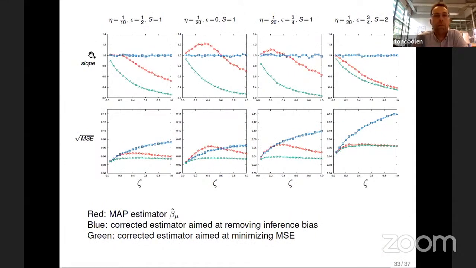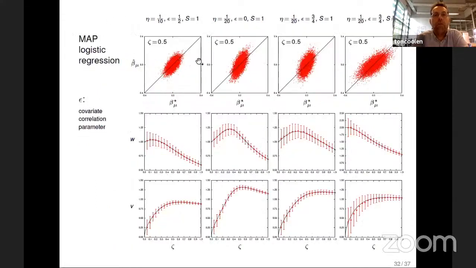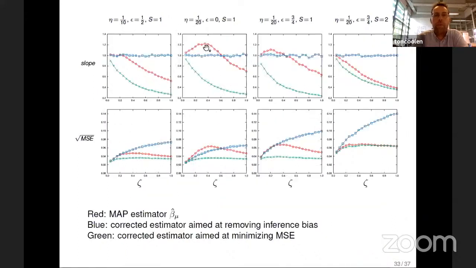And this is the test of these correction protocols. So let me explain that a bit for the previous cases. You can plot the slope of this data cloud, the true versus inferred parameters, that ideally should be on the diagonal. In red, you see what comes out if you just do your maximum likelihood, or MAP in this case, inference. Blue is the slope that you find after applying this correction protocol that should remove the bias.